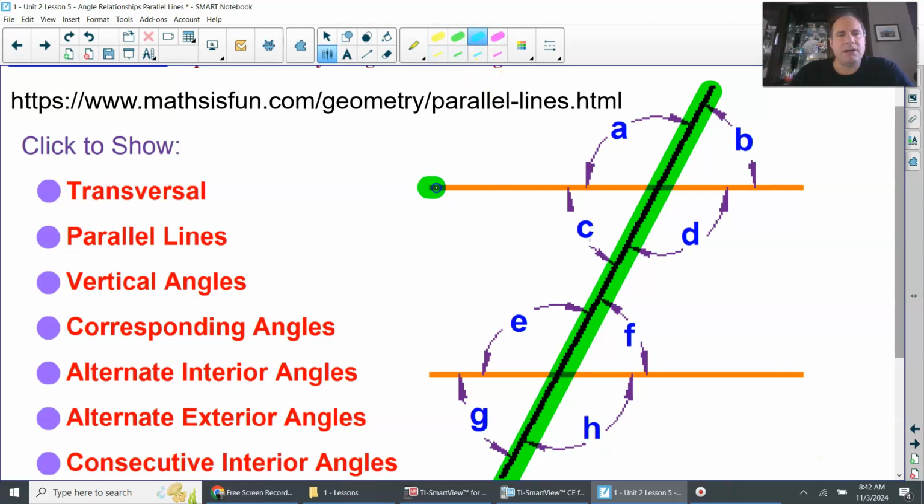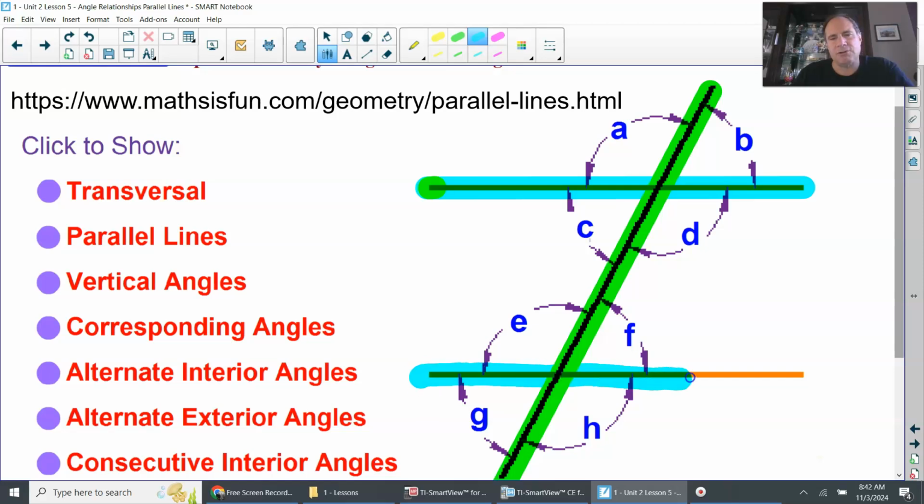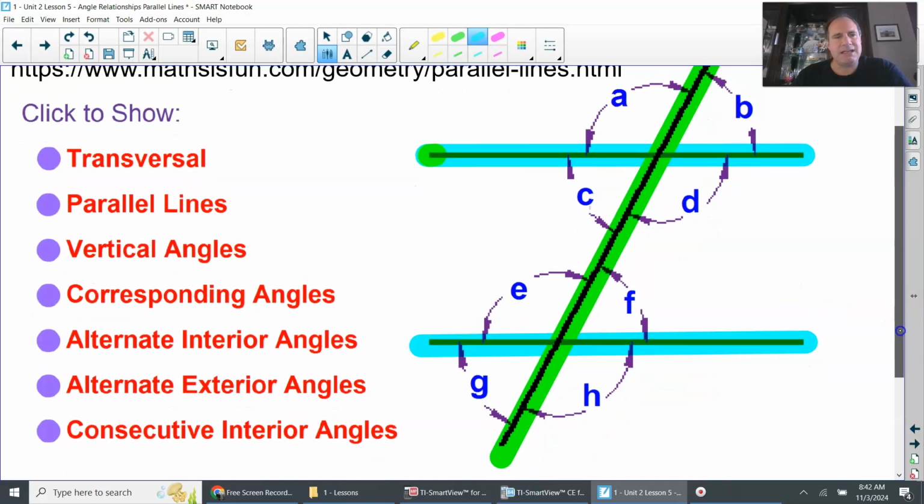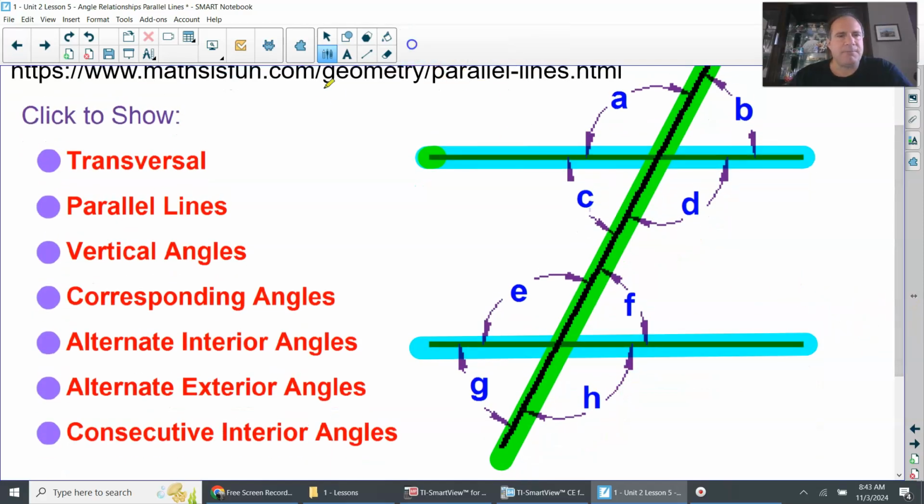The parallel lines are right here, I wanted to do that in a different color. The transversal cuts the parallel lines, or intersects the parallel lines, to create 8 angles: A, B, C, D, E, F, G, H. It's basically 8 angles.